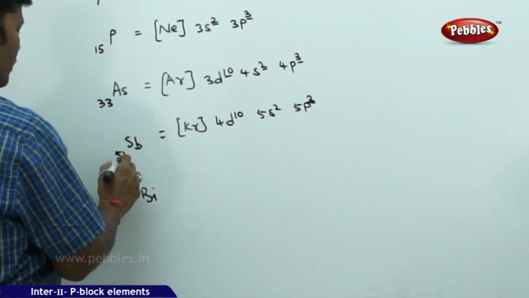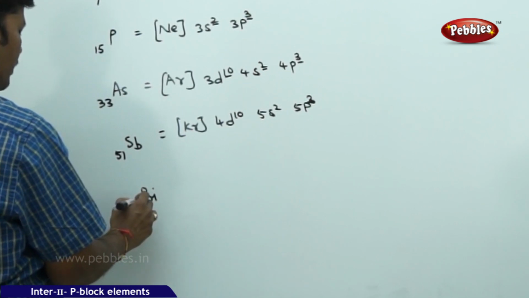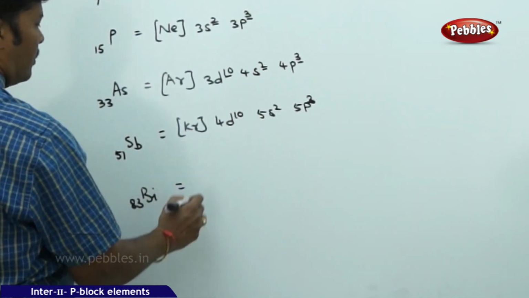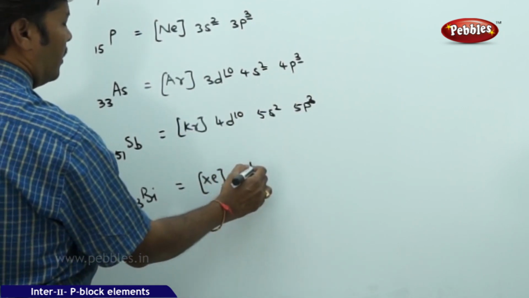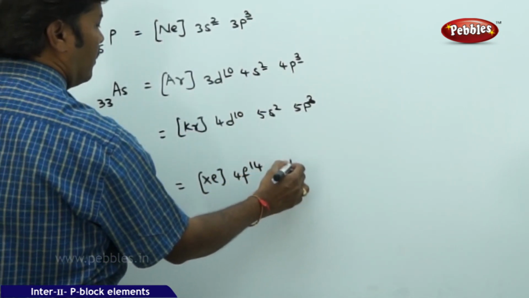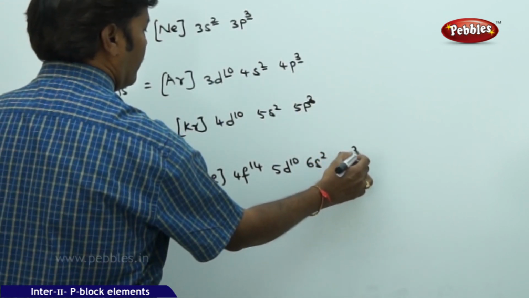If you take bismuth, add 32 here, that makes 83, so bismuth's atomic number is 83. This is going to become xenon 4f14 5d10 6s2 6p3.